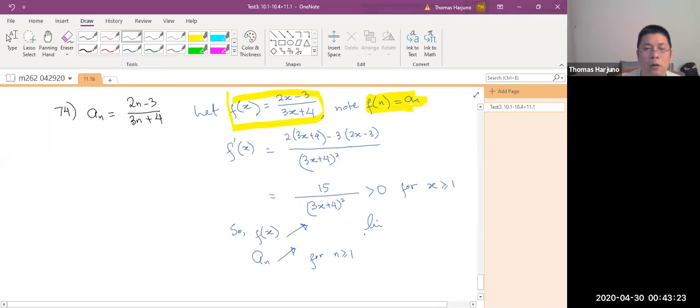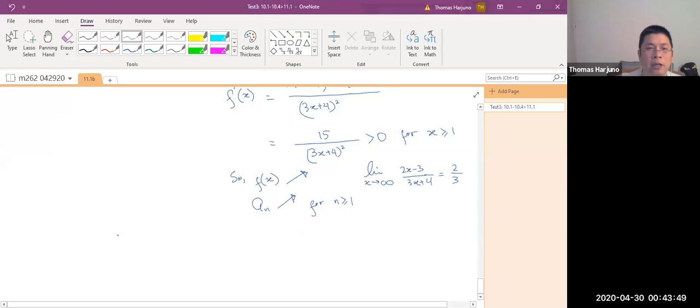The limit as x goes to infinity of 2x minus 3 over 3x plus 4. If you do it on scratch paper, what is this equal to? 2/3? Okay, let's call that bounded above then. So a sub n is bounded above by, you can use 2/3, but I don't want to have a hard time, so I call that bounded above by 1.